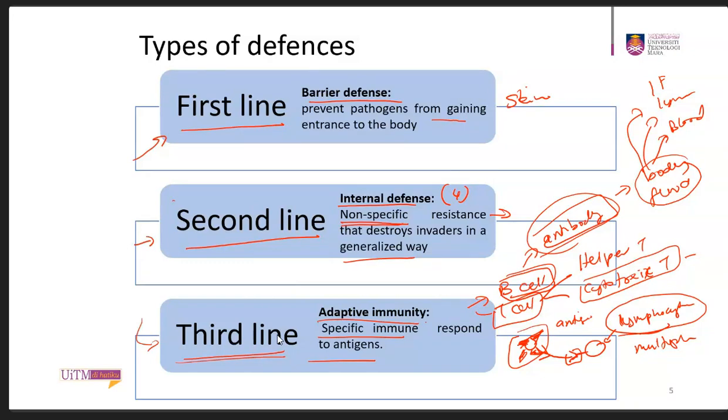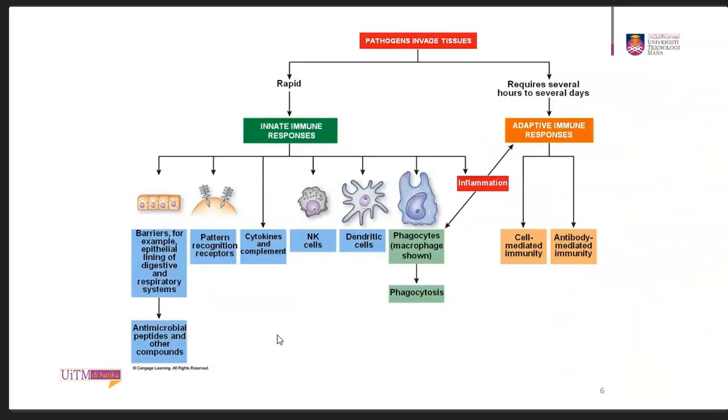So later we are going to look at the mechanism. Okay, so pathogens invade tissues, and then you have two conditions here, which is rapid, and then the other one requires several hours to several days.